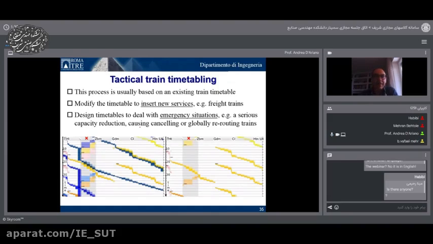Another type of situation in which you might need to use tactical timetabling is to design, at tactical level, emergency timetables. The emergency timetables are timetables to deal with emergency situations. I remember the first time I was collaborating on this topic with Dutch Railways, they asked me to look at the book of emergency timetables. They basically have, for each emergency scenario in which you have a serious capacity reduction, cancellation, and problems in the infrastructure and so on, a strategy.